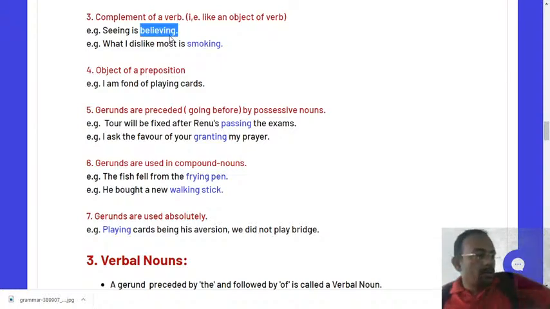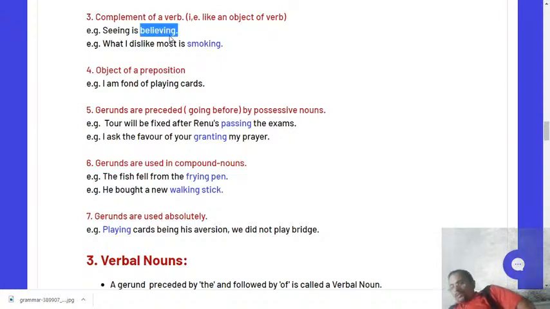What kind of characteristic is it fulfilling to be qualified as a gerund? Tell me.